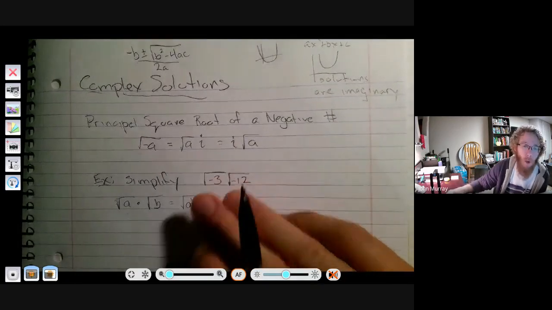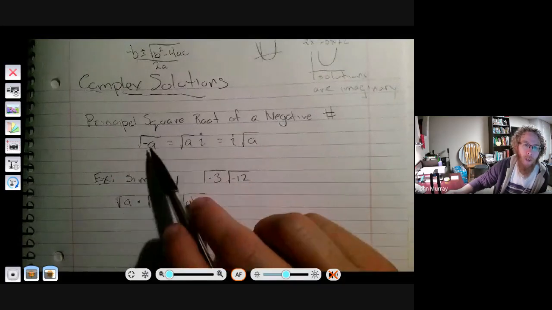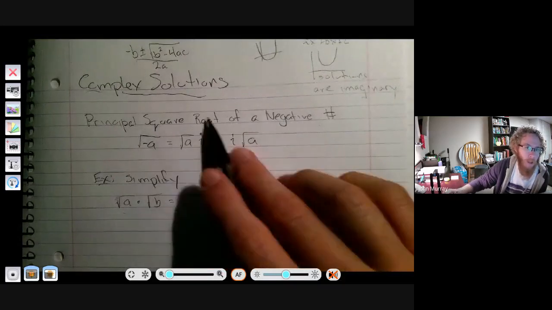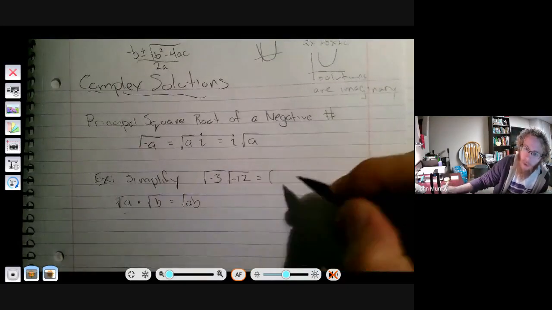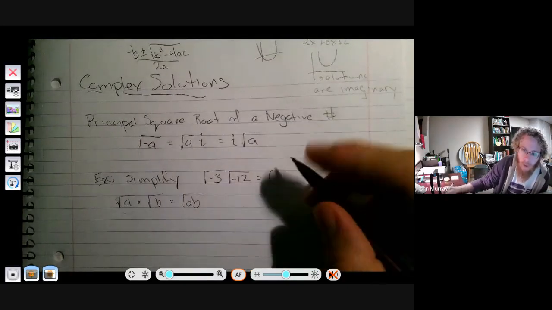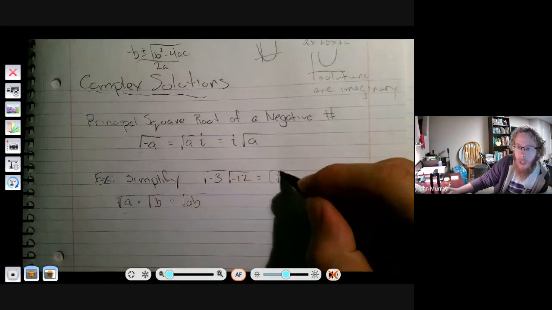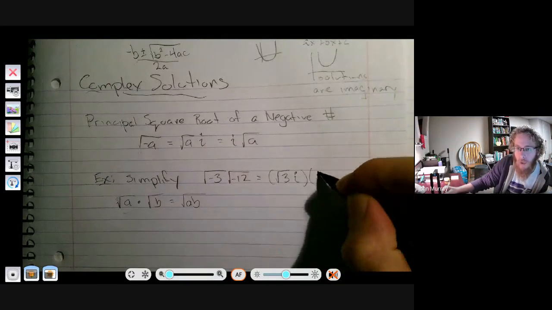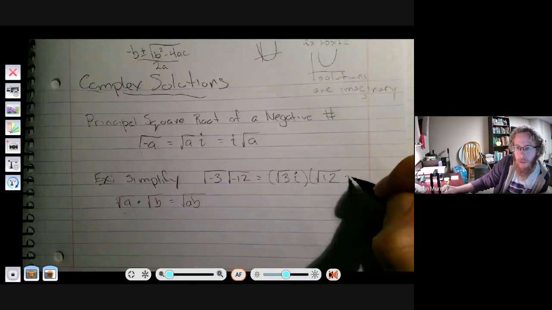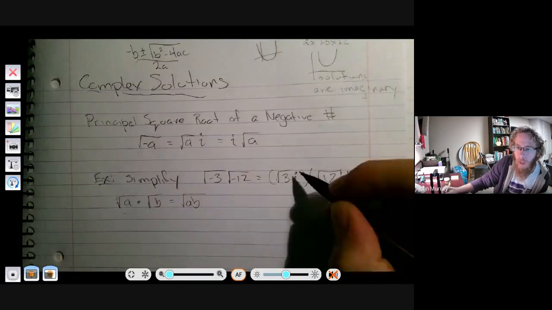So the first thing we always want to do is remove that negative from underneath the radical. So you would rewrite this, with parentheses to keep things organized, as the square root of 3 times i times the square root of 12 times i.